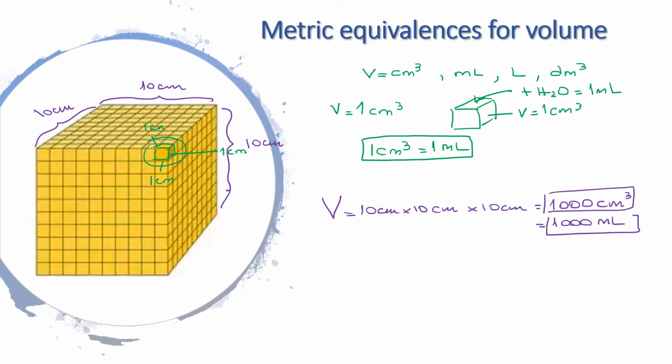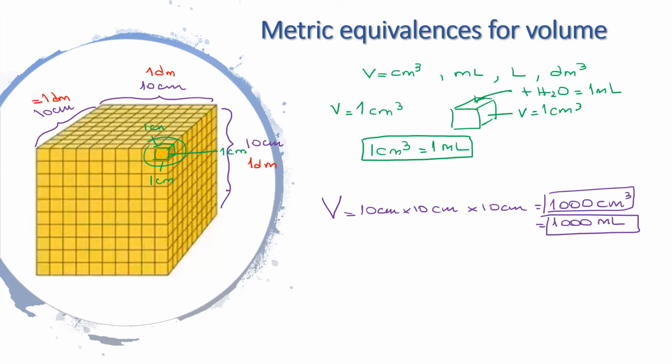Now, if you look at the value, and I'm going to use another color so you know exactly what I'm doing, 10 centimeters is the same as 1 decimeter. So the big cube has 1 decimeter in each side. Pardon, I'm sorry, it doesn't have a 3 here. So it's 1 decimeter.